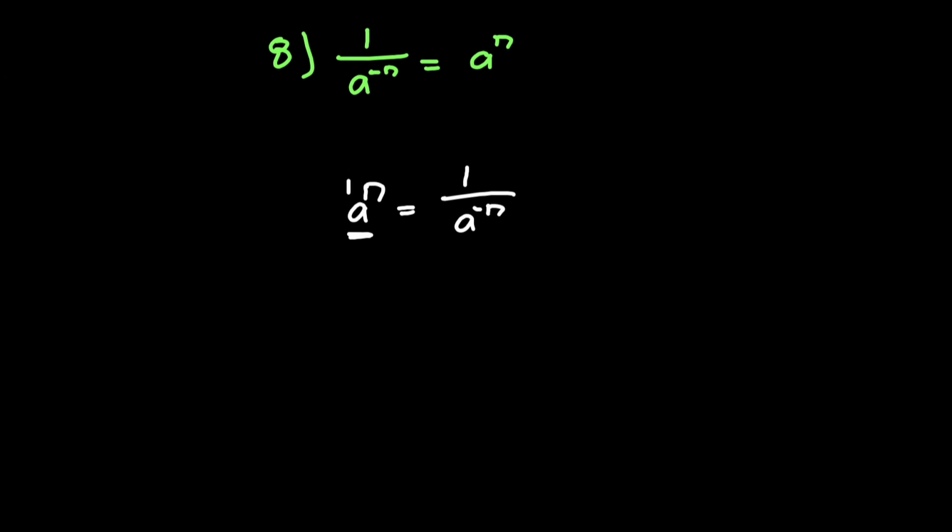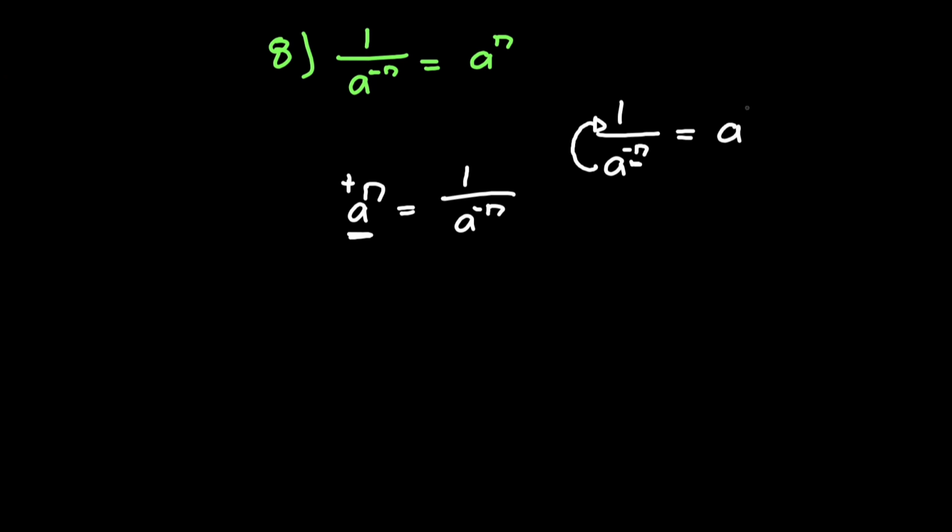Now, this is positive, but when you reciprocate it, when you move it into the denominator, the exponent sign would change. So, as you can see here, it would be 1 over a raised to the power of negative n. And when you put this on the numerator, the sign here would change to positive.